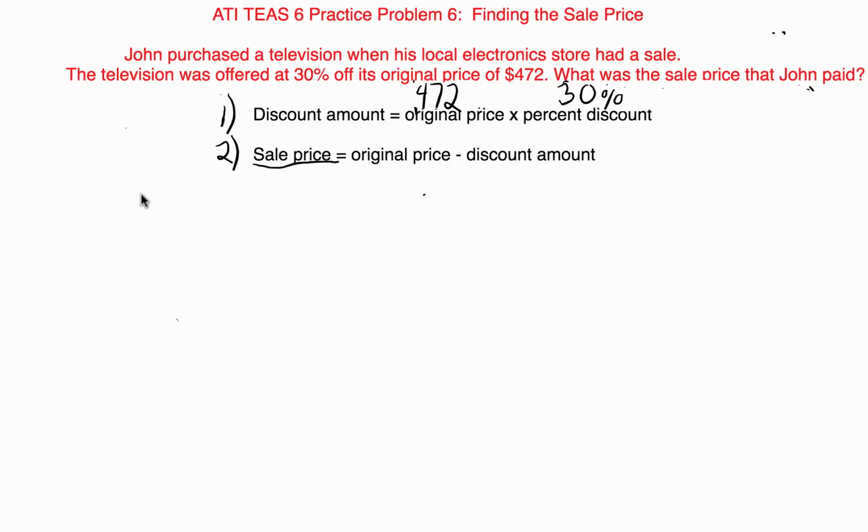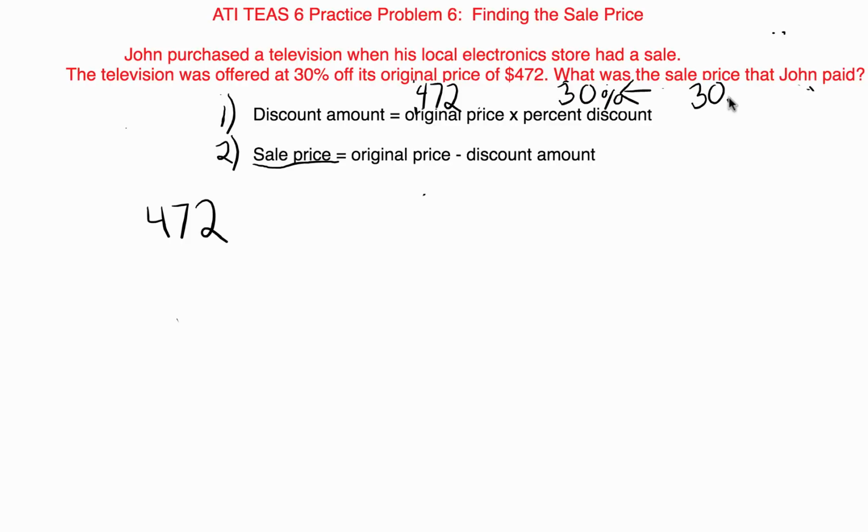Let's get started. In step 1, we're going to take 472, the original amount, and multiply it by the 30% discount. Before we apply the 30% discount to 472, we will have to convert the percent to a decimal. The way to do this is to take the 30 and add a decimal to the end of 30, because in all whole numbers, we always add a decimal to the end of that value, and we'll still have the same amount, 30.